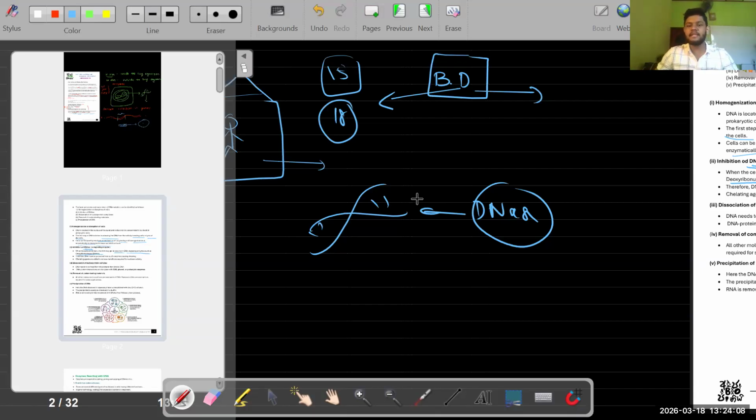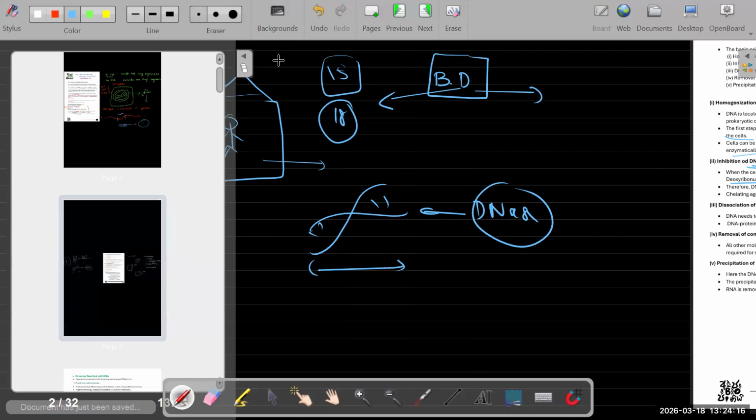Similarly, DNA also comes as a friend, but what it does is degrade the enzyme. Degrading means it will be altering its properties and information. Is it clear?